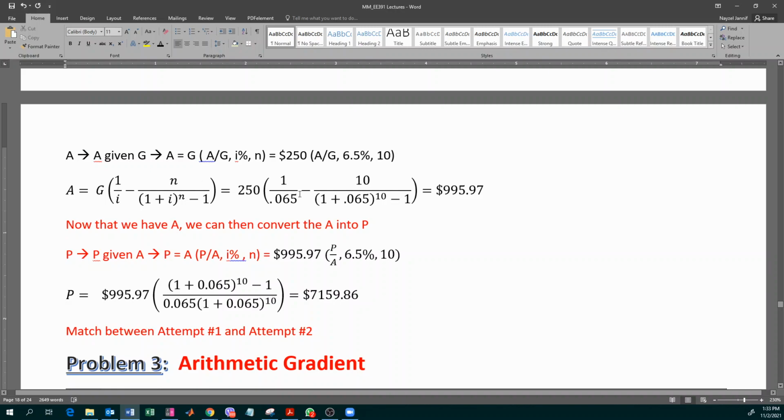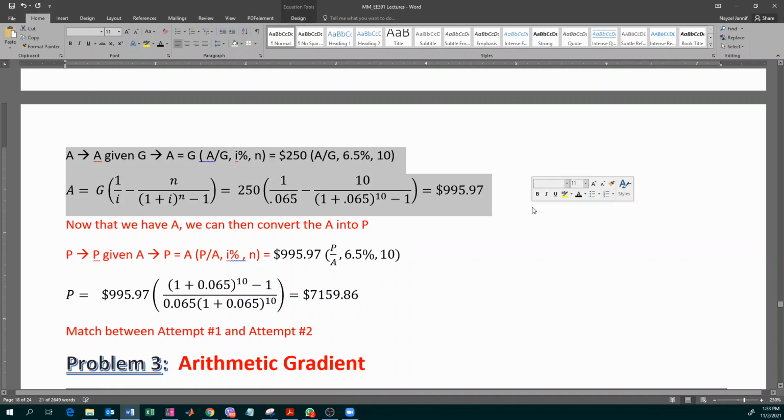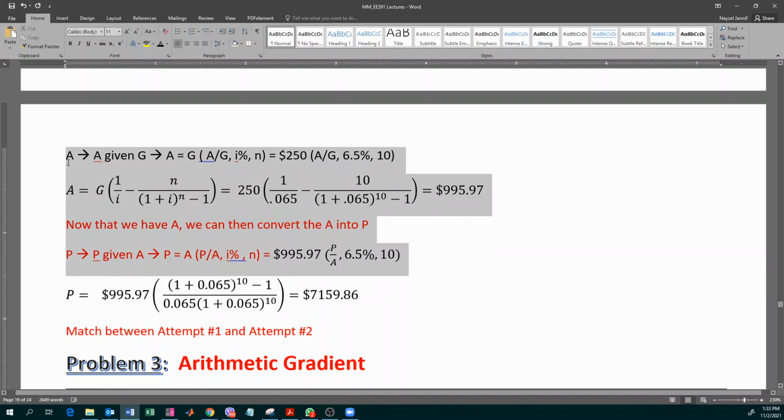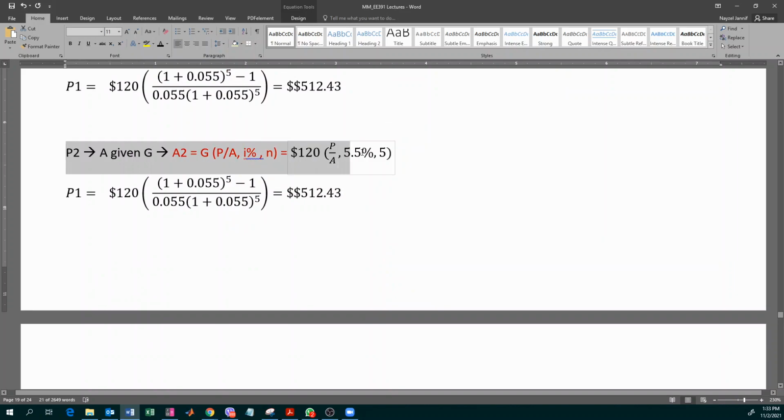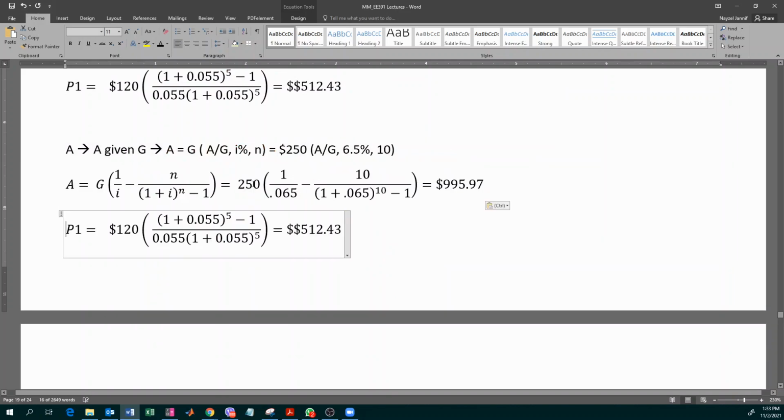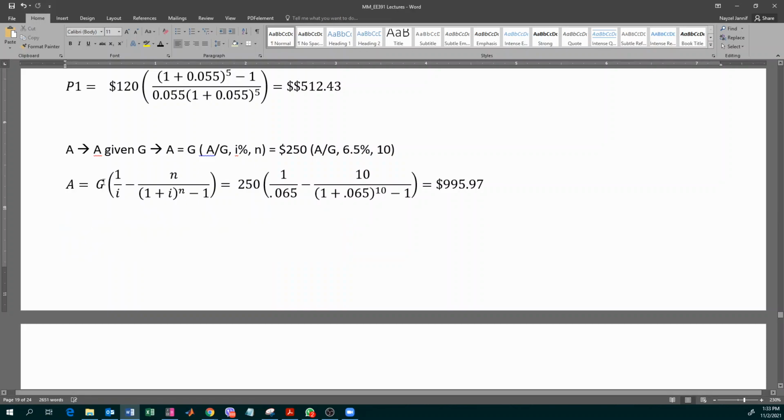I'm deliberately changing the value. What is our value of G, guys?